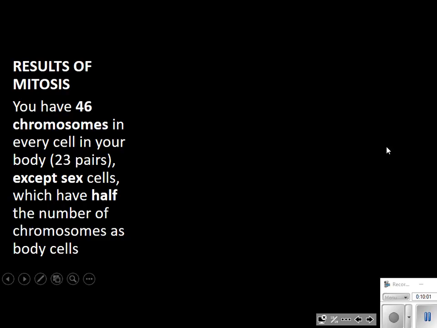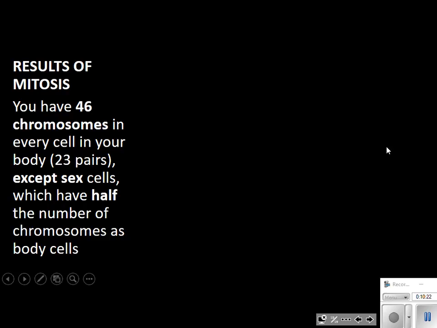The sex cells. We're talking about the sperm. We're talking about the egg. The sperm and the egg only have 23. Why do they only have 23? What ends up happening? They combine, and when they combine, we have 46.